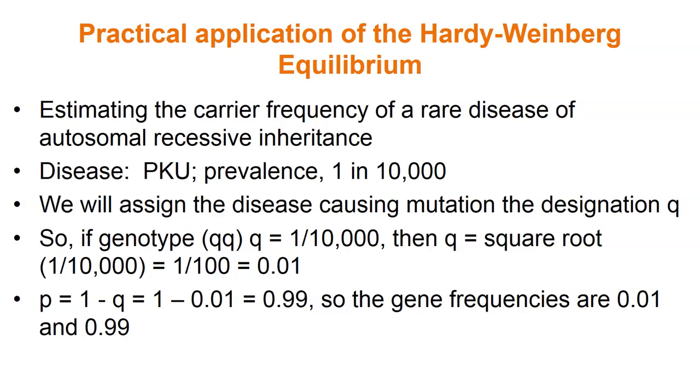Okay, so in the last lecture, we started talking about the Hardy-Weinberg equilibrium. We went through the basics of the math and plugged in some general numbers just to see how it works.